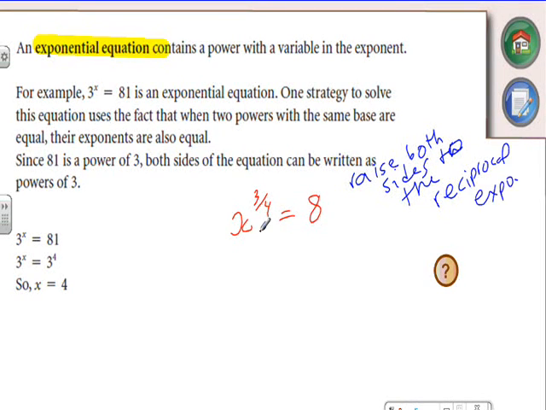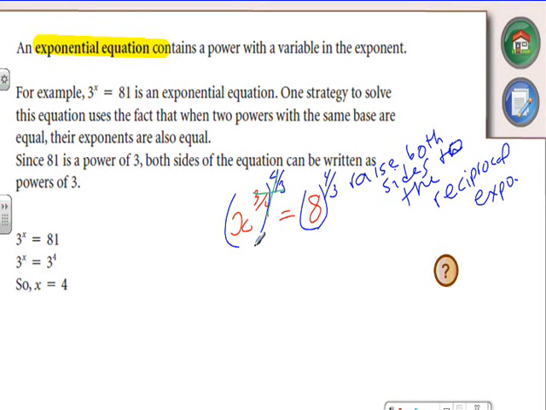So in this one, we would take both sides of the equation to the reciprocal of 3 over 4, which would be 4 over 3. And this would work for any of them. Even if it's x squared, you could take it to the 1/2 exponent on each side. That would cancel off this side here.